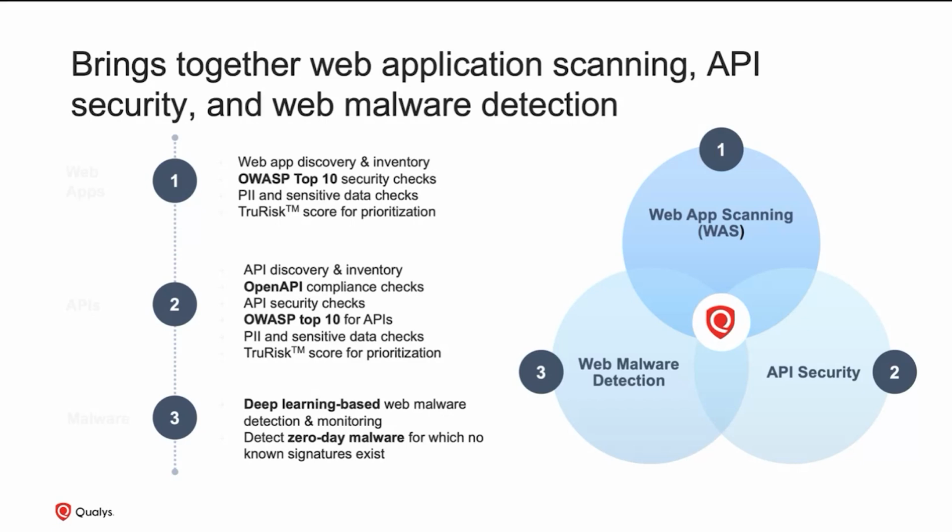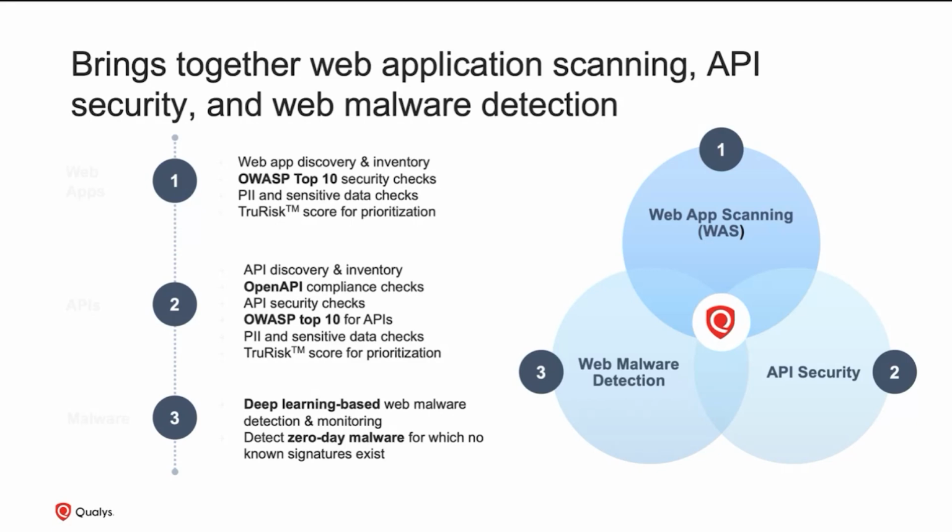It includes PII and sensitive data leakage detection, and also the ability to assess the risk using the TruRisk score, which is calculated from asset criticality and exploitations in the wild. Taking all those factors into account, you can prioritize the risk associated with a web application or API.